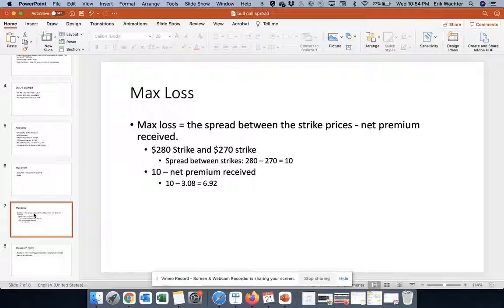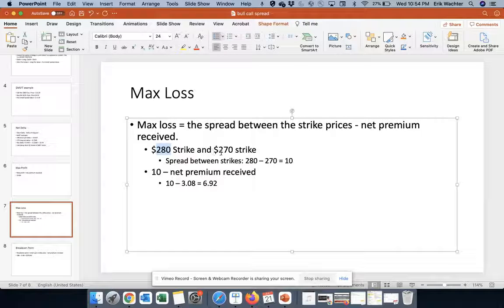So let's calculate max loss. This isn't that confusing, but once you look at it, it should make sense. To calculate max loss, we take the spread between the strikes minus the net premium received. Our two strikes are 280 and 270, so the spread between them, 280 minus 270, is 10.